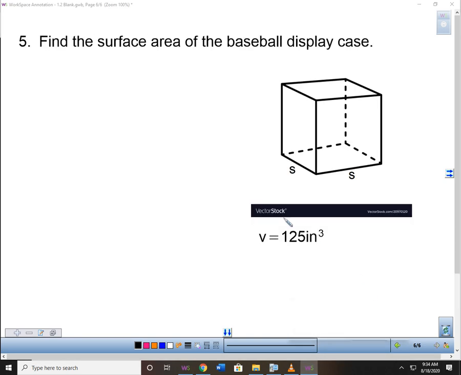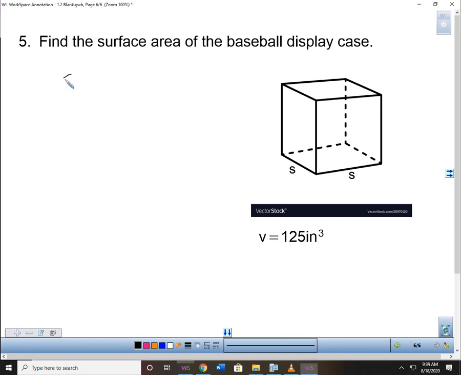Okay, we're going to find the surface area of this baseball display case. So I know that the volume is 125 inches cubed. So I have a question. How do you find volume? Length times width times height.